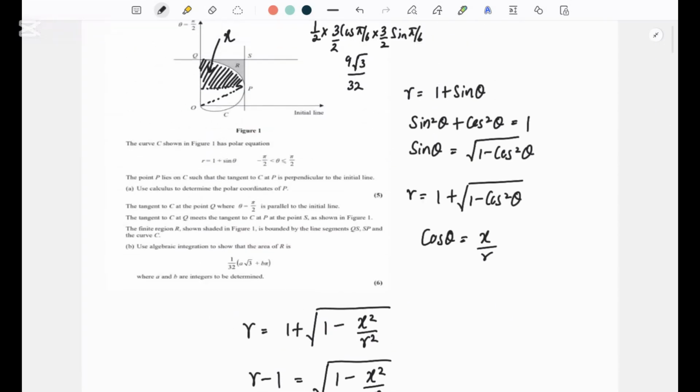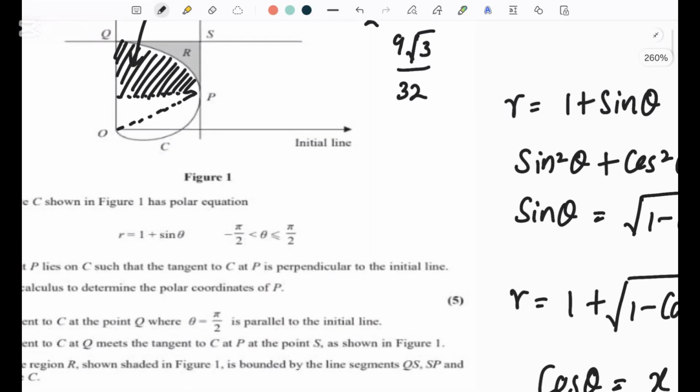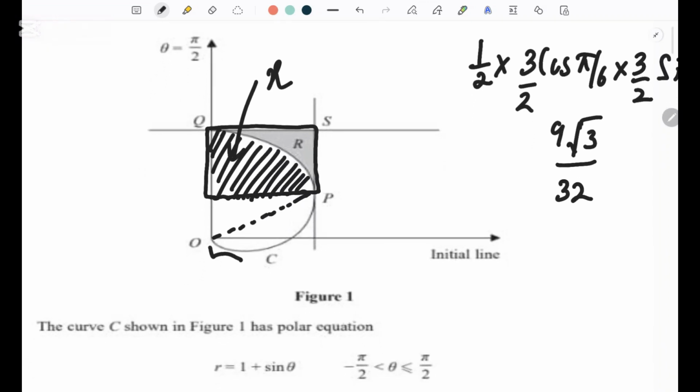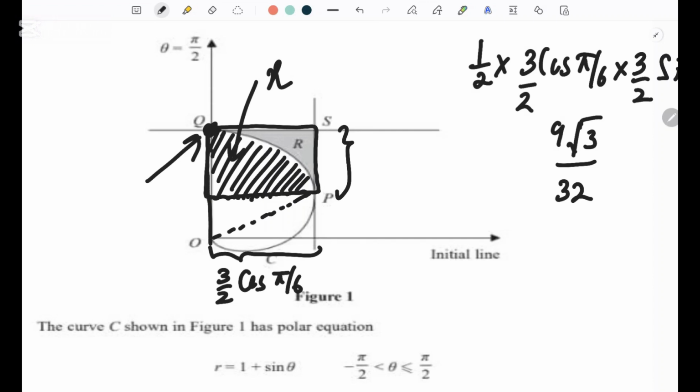How do you find r? To find r, we'll have to find the area of this rectangle. How do you find that? We know this distance, that is 3 over 2 cos pi over 6. We need to find this distance. How do you find that? For the highest point, this point right there, what would the radius be? What would this whole length be?